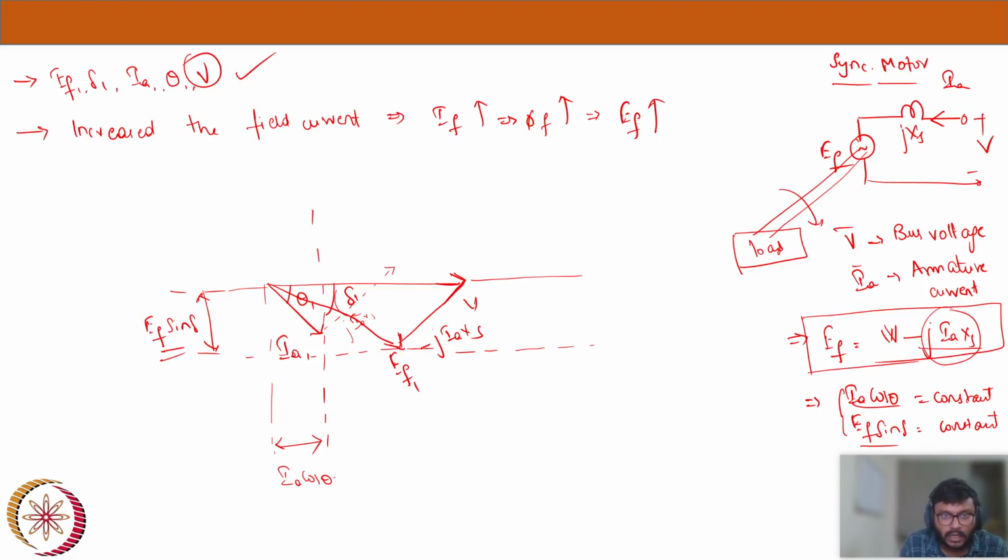EF is increased now, so EF would come somewhere here. Let's say this is my EF2, and I know EF2 plus JIA XS would take you to V.